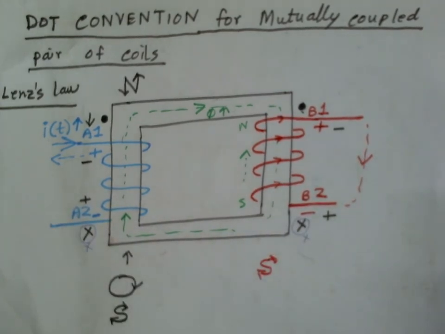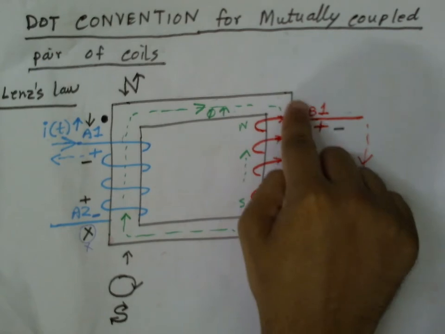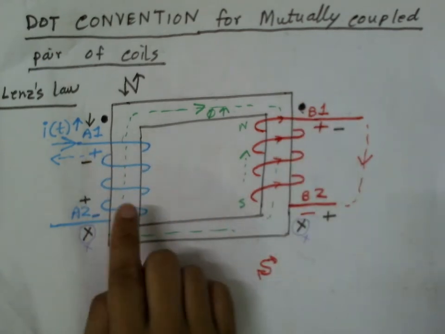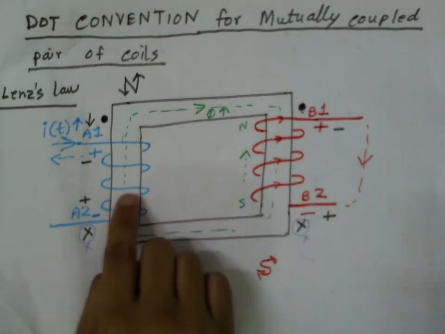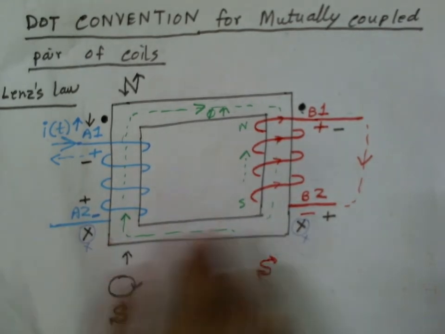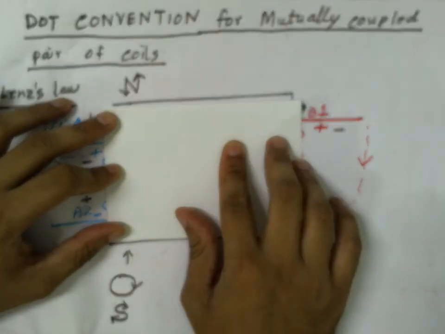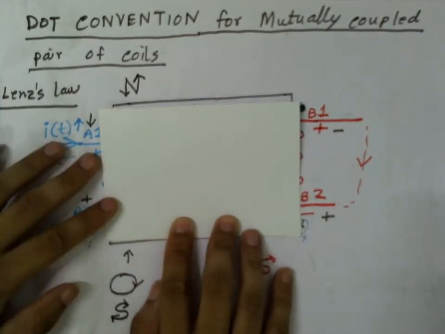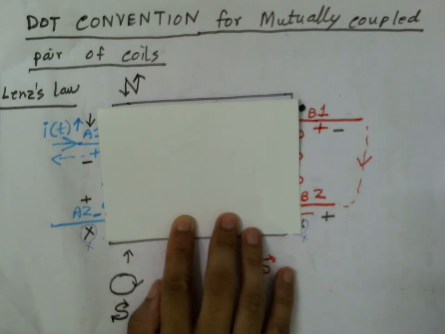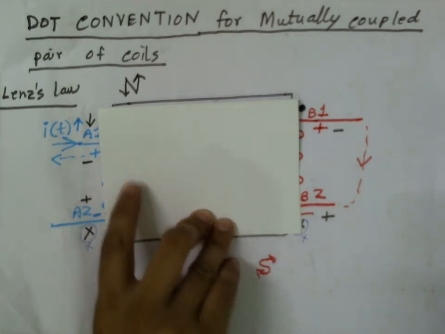Okay, this is useful when we cannot see how the winding is made inside the transformer. Suppose we have this transformer like a black box, in a sealed container, and we cannot see how the winding is made inside.